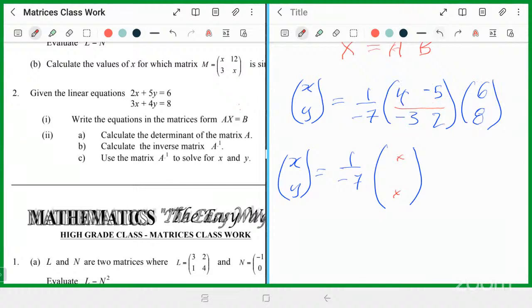The first value is in the first row and the one column, so we multiply the first row by this column: first element times first element, second element times second element. So it's 4 times 6 and negative 5 times 8. 4 times 6 is 24, and negative 5 times 8 is negative 40.